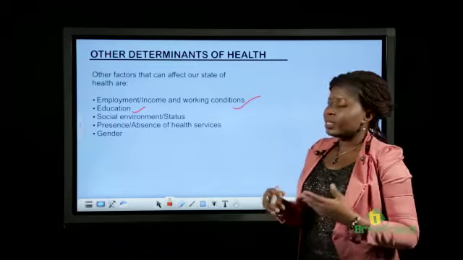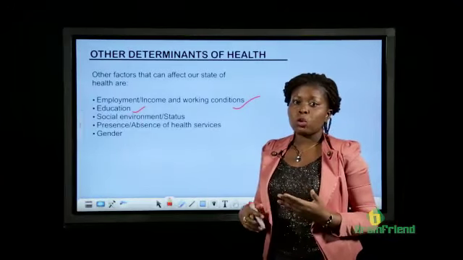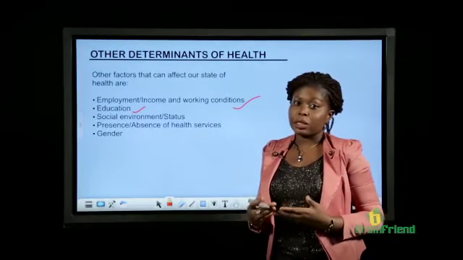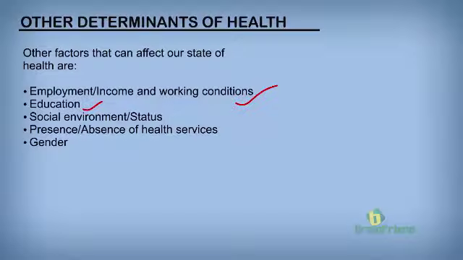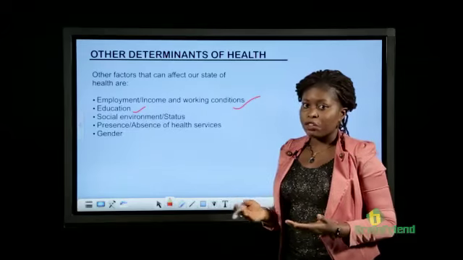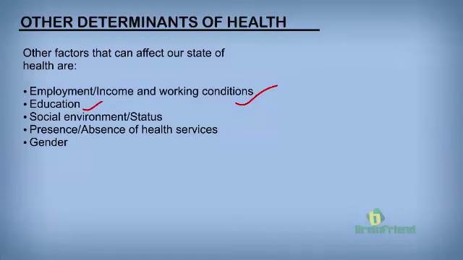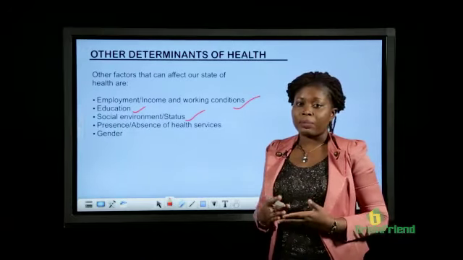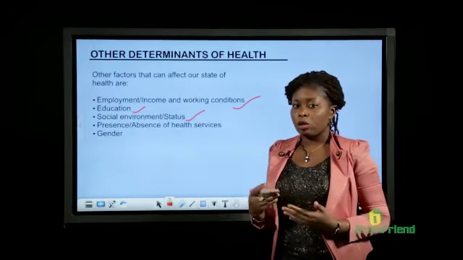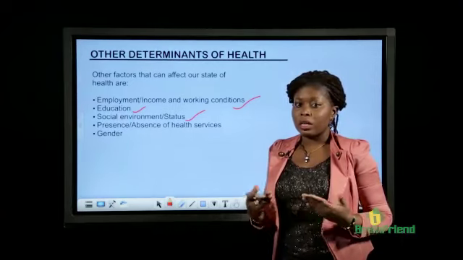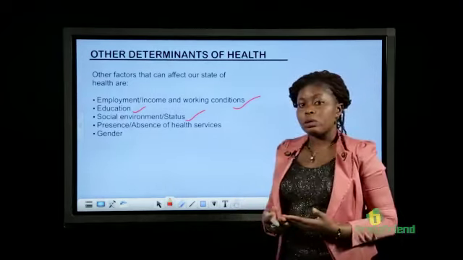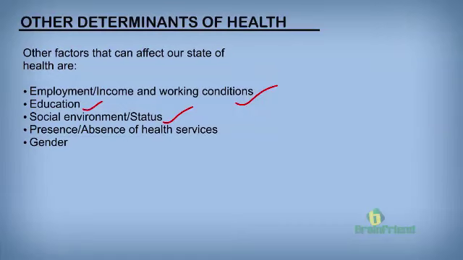Education. People with a high level of education who know what is good for their body tend to also live healthier lives. While people who are ignorant lead unhealthy lives because of information that is not available to them. Social environment and status. People who are always surrounded by friends, family, loved ones tend to lead healthier lives than people who lead private or lonely lives.